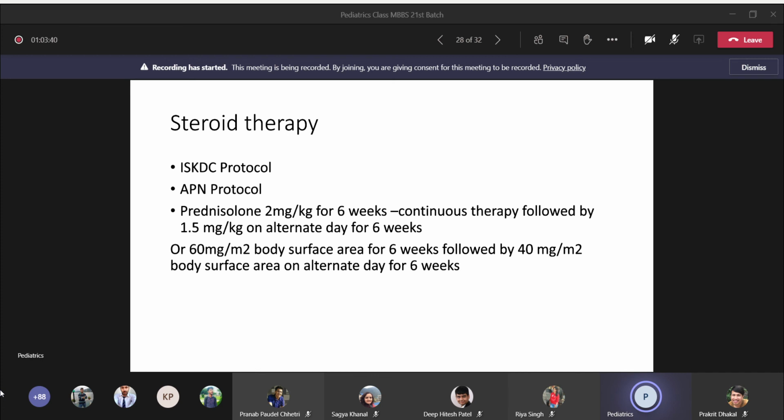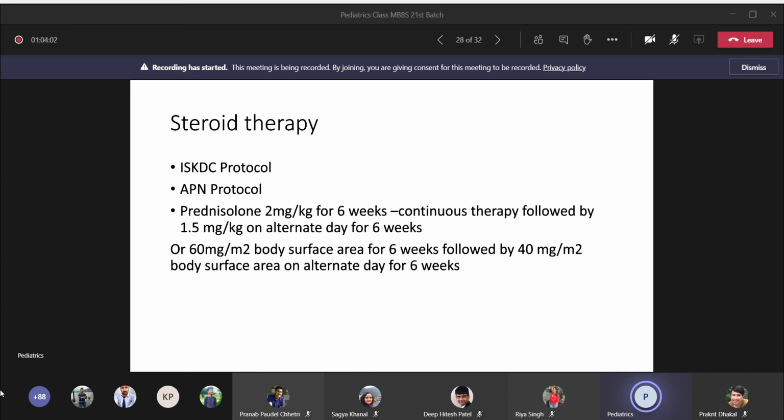The other protocol is APN. Here you have to give 40 mg per square meter body surface area for 4 weeks, and then alternate day for 4 weeks.